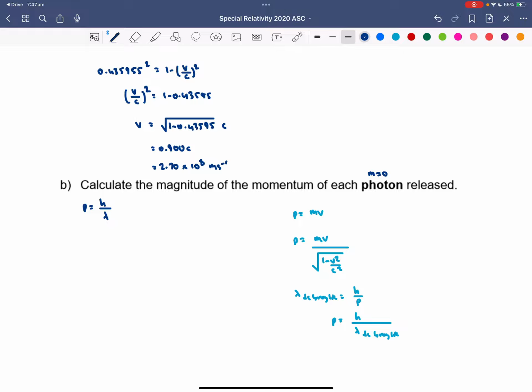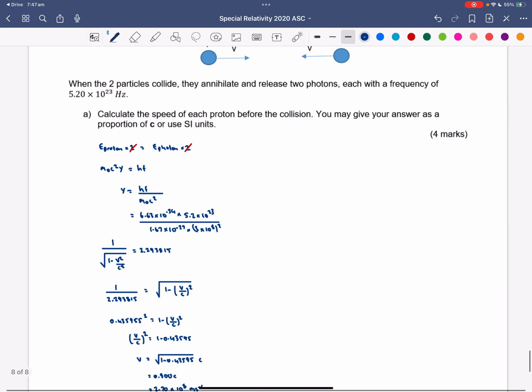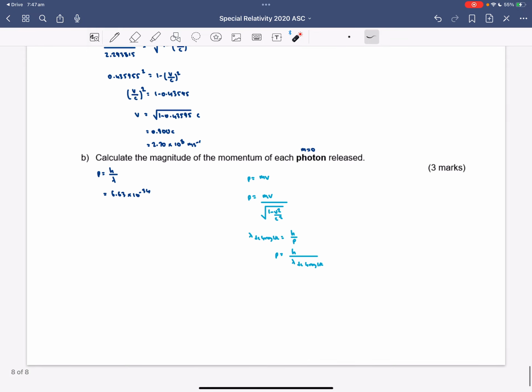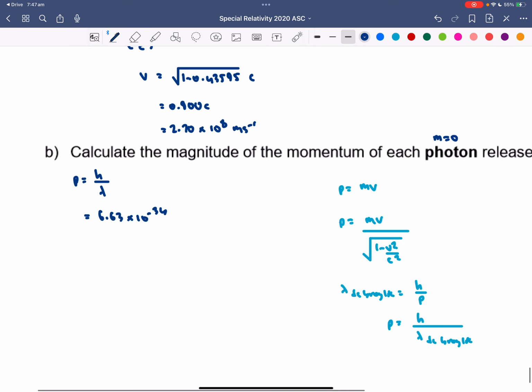Simple as that. So what do we know h is equal to? h is 6.63 times 10 to the negative 34. And do I have the wavelength? I have the frequency, so I can turn that into a wavelength. We should remember from last year that the formula is v equals lambda f.